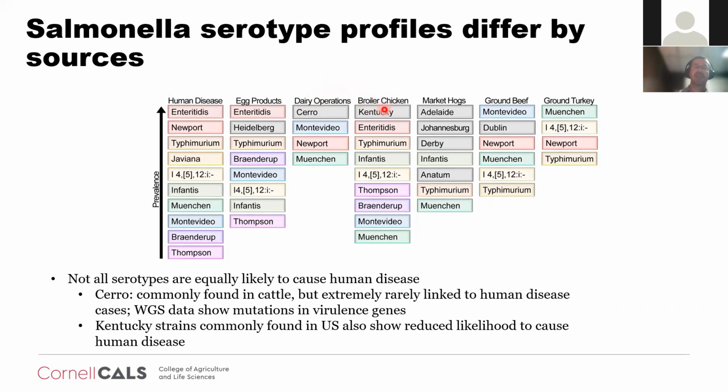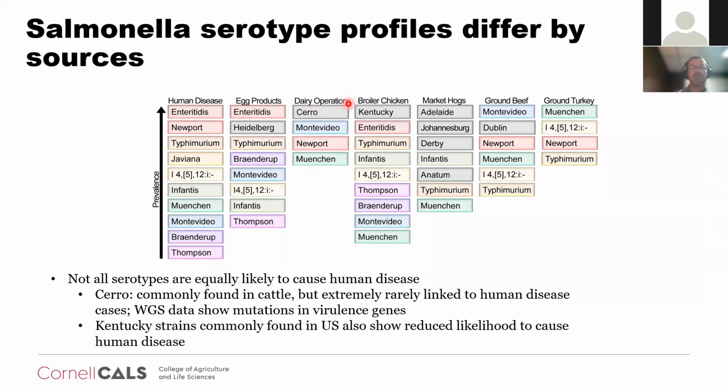Let's design systems where these ones are not weighed highly, for example, in these performance standards, so that we focus on the other serotypes that are important: Enteritidis, Typhimurium, and I 4,5,12. All of these show up in the top human cases. That serotype doesn't, but Montevideo, Newport, and München do.